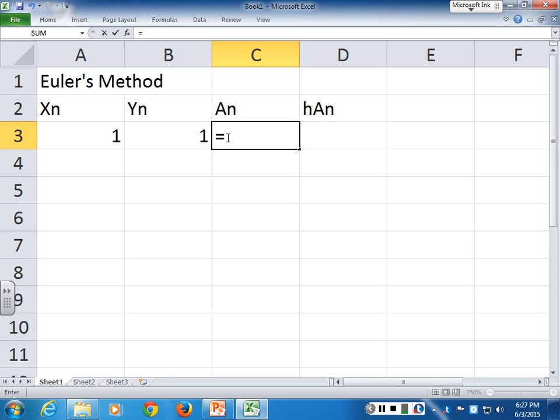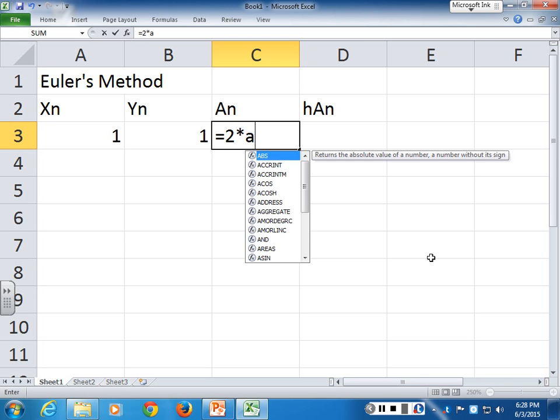2, remember our DE was 2xy, right? So 2 times, the little asterisk sign is your multiplication symbol in Excel. 2 times x. What are you going to put down for x in this problem? It's this cell. What's this cell right here's name? A3.